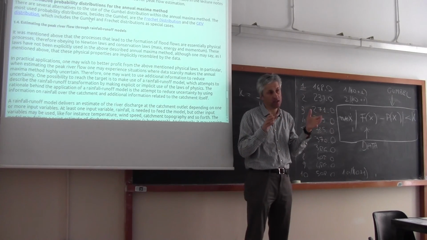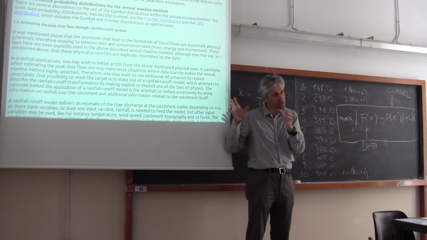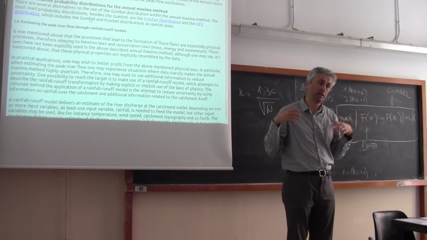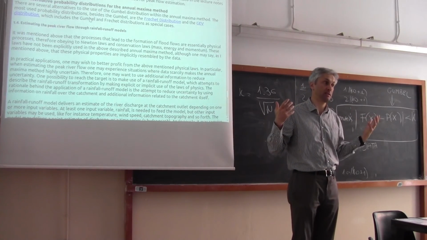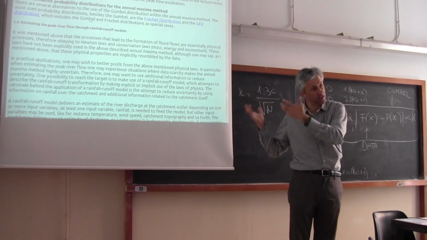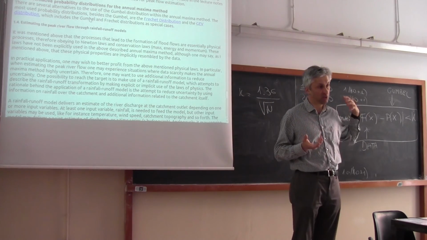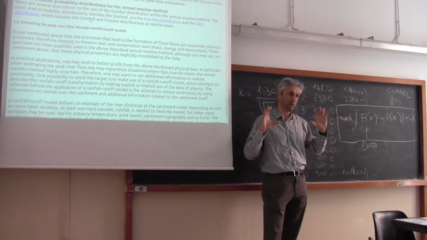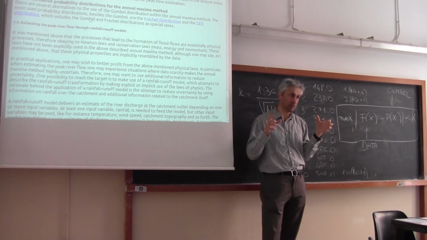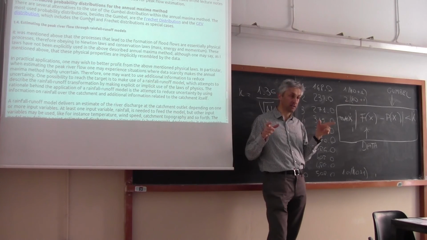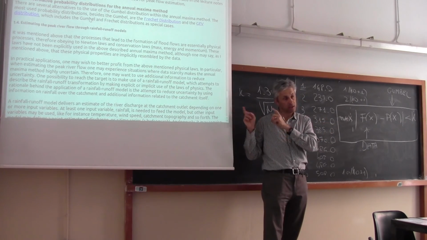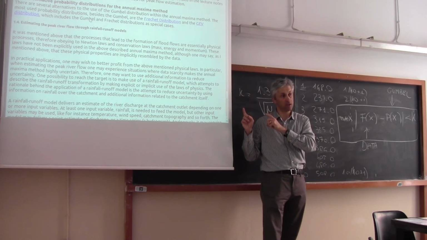Some people say analyzing floods in this way is like analyzing nuts. No, it's not like analyzing nuts. It's different because the data here bring physical information on the flood process. So it's something that is implicitly included. On the other hand, it's possible to include additional physical information. How to do that?